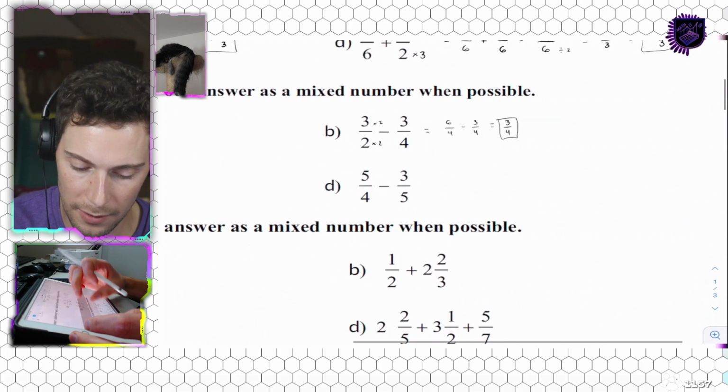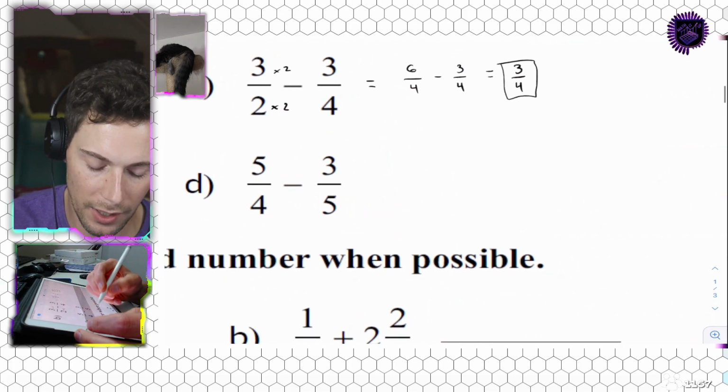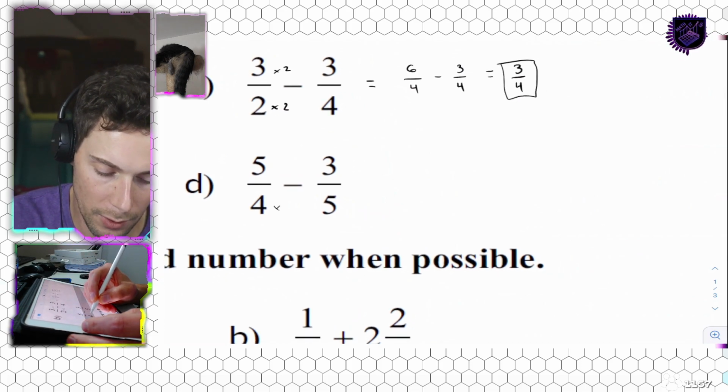C, D. 4 and 5. Cross multiply again. 5 times 5, times 4 times 4.